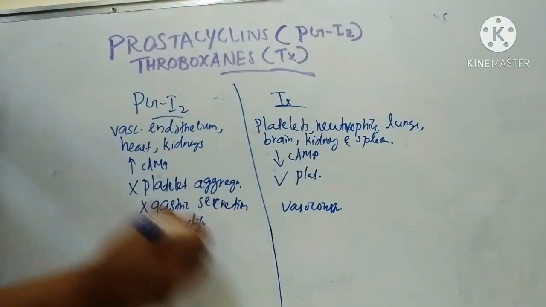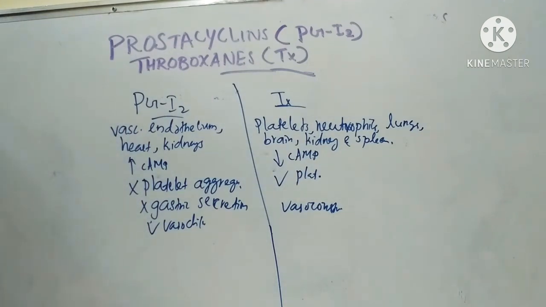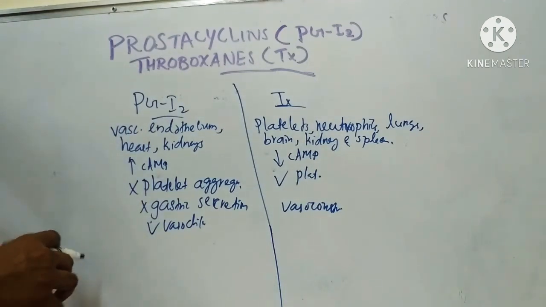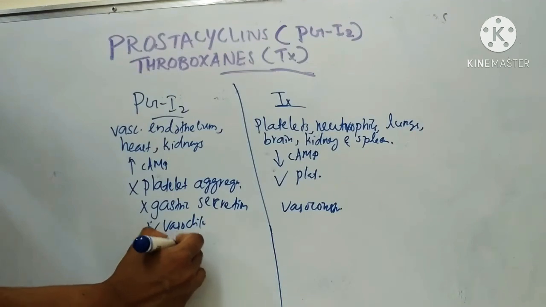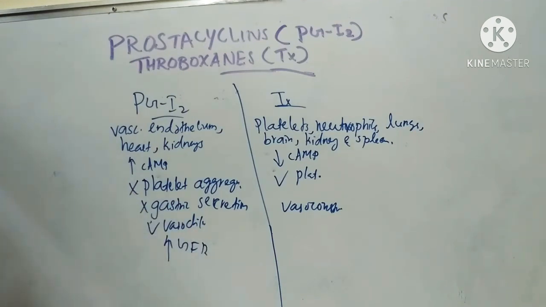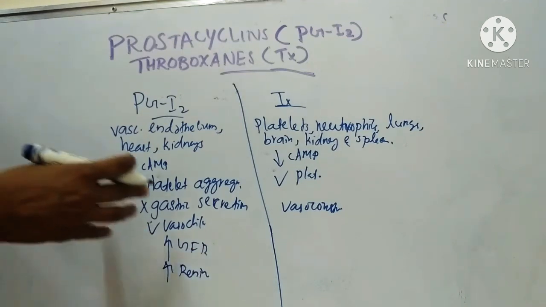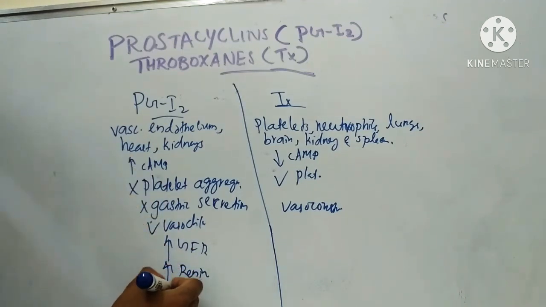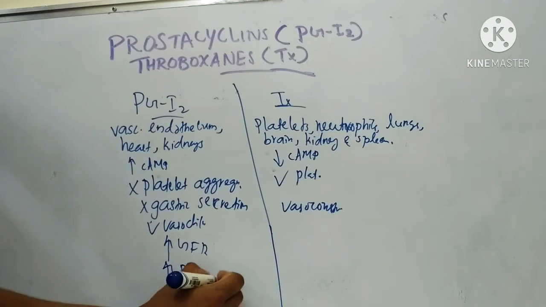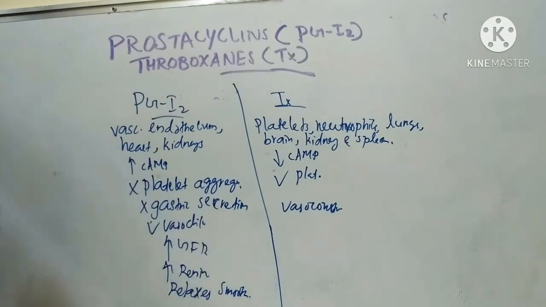In the case of prostacyclins, they produce renal vasodilatation and increase glomerular filtration rate. They also increase renin production. Then they relax smooth muscles.